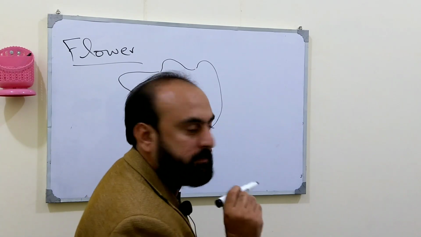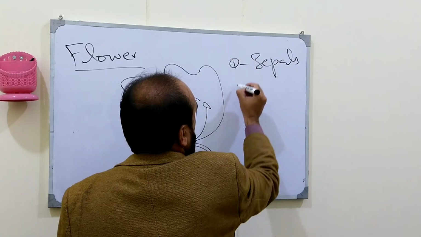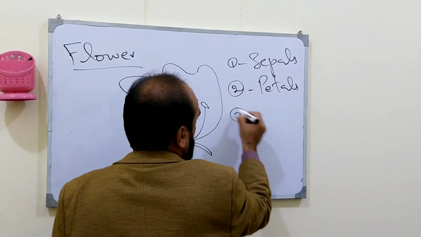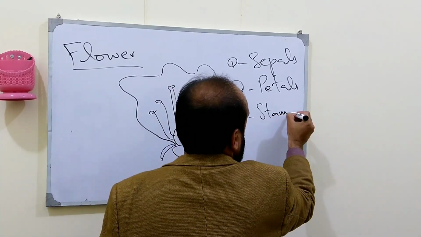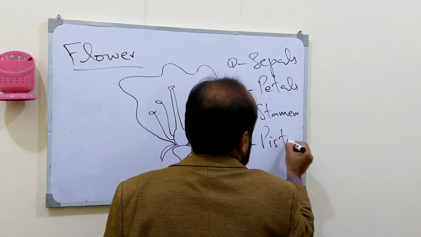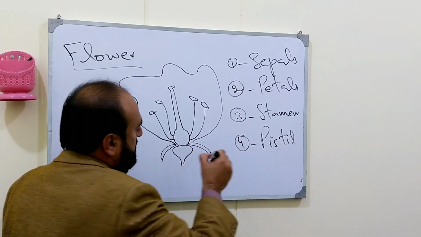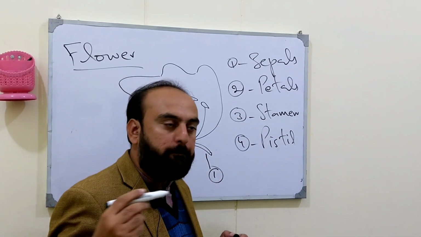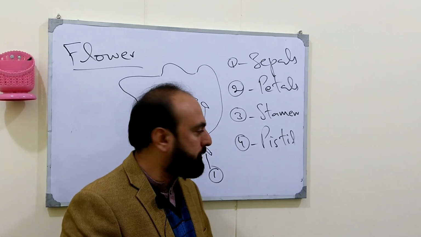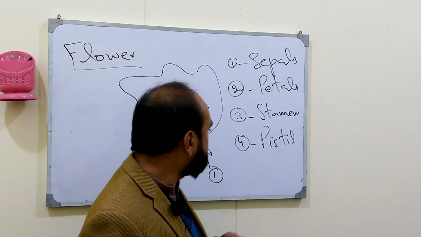A typical flower consists of four parts: sepals, petals, stamens, and pistils. Sepals are the green leaf-like structures that protect the bud. In some plants like cotton, they are too large to cover the whole bud.